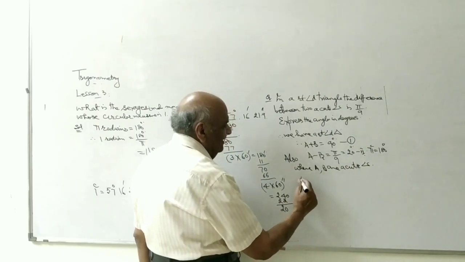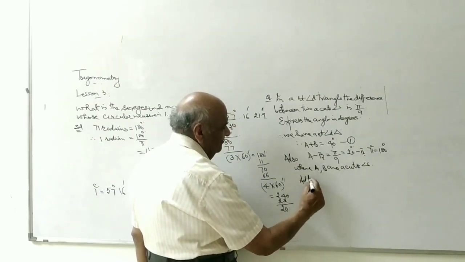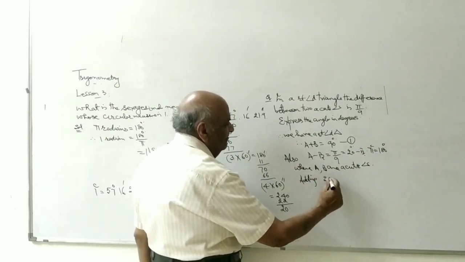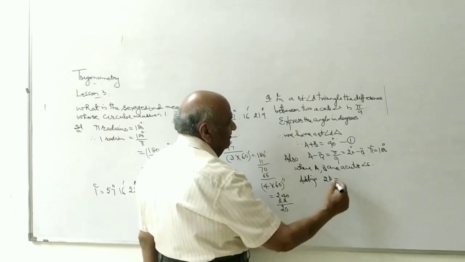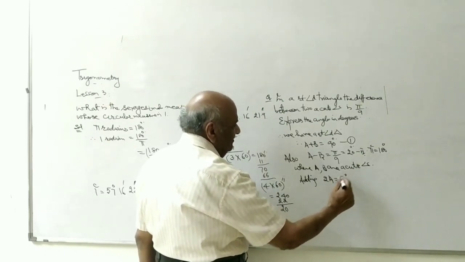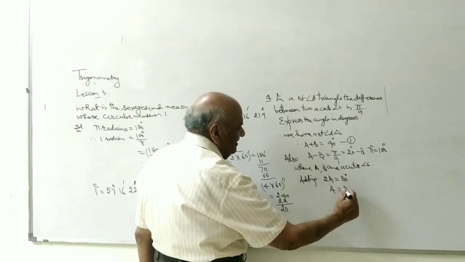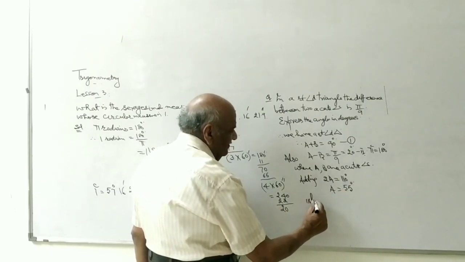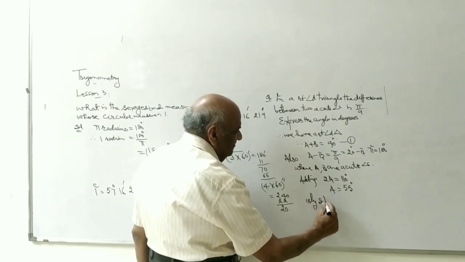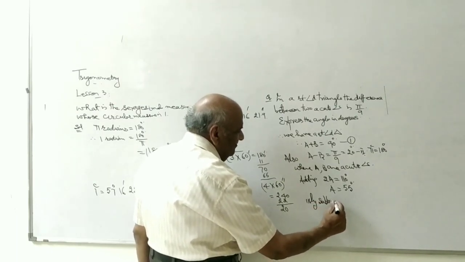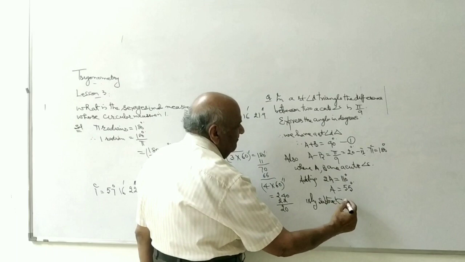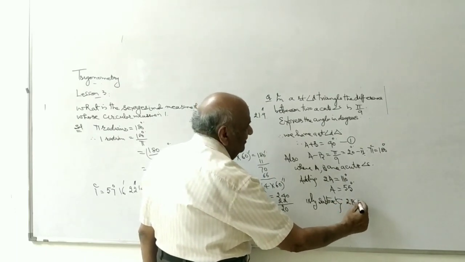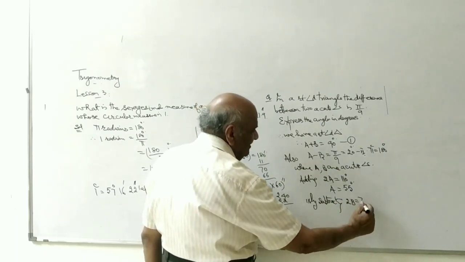First of all, adding, we have 2A is equal to 110 degrees. So A becomes 55 degrees. Similarly, by subtracting, we have 2B is equal to 70 degrees.